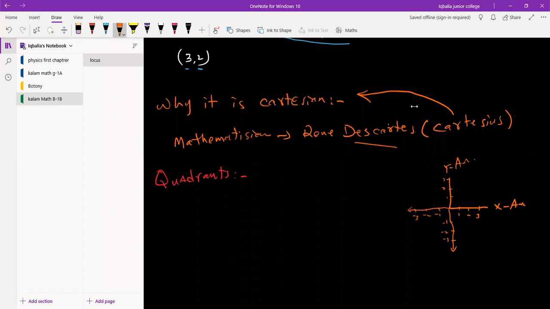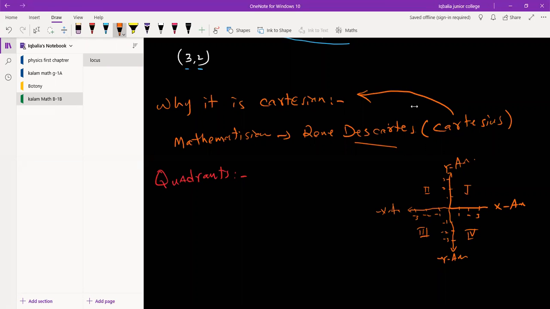So if I am adding negative x-axis and negative y-axis, that whole part is divided into 4 parts: first part this, second part this, third part this, and fourth part this.